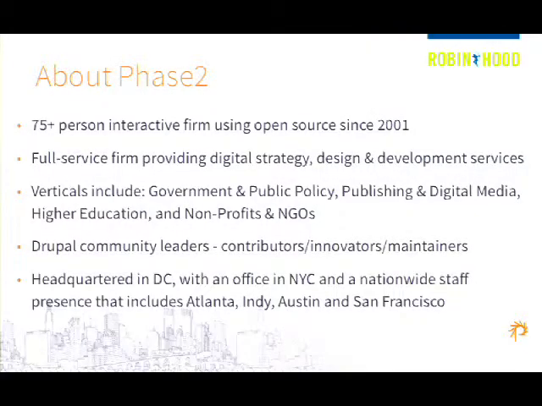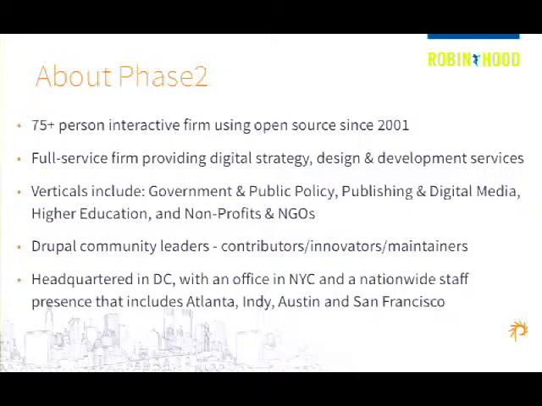Just a little bit about Phase 2. We're a 75 plus, definitely growing interactive firm. We use open source, do a lot of work with strategy, design, development, so kind of all things digital, and with a major focus on Drupal, open source, and whatever's the right tool for the job.